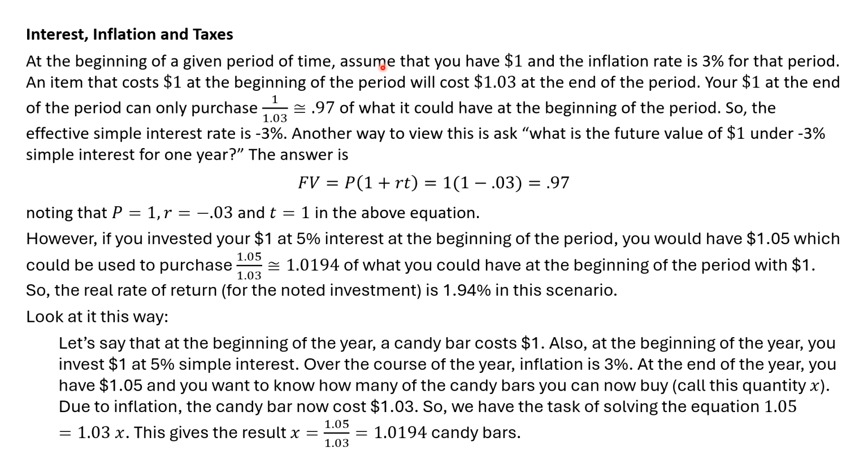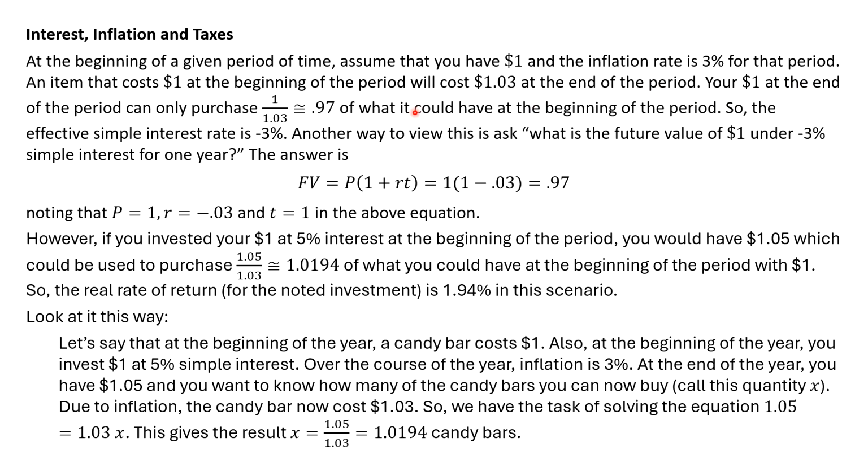On this slide and the next, I want to talk about the impact of inflation and taxes on interest. So we have a few examples here. At the beginning of a given period of time, assume that you have $1 and the inflation rate is 3% for that period. An item that costs $1 at the beginning of the period will cost $1.03 at the end of the period.